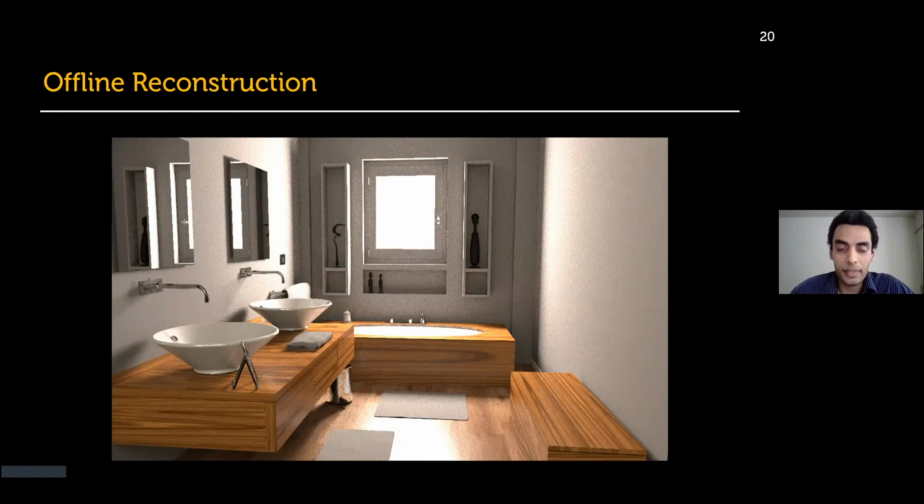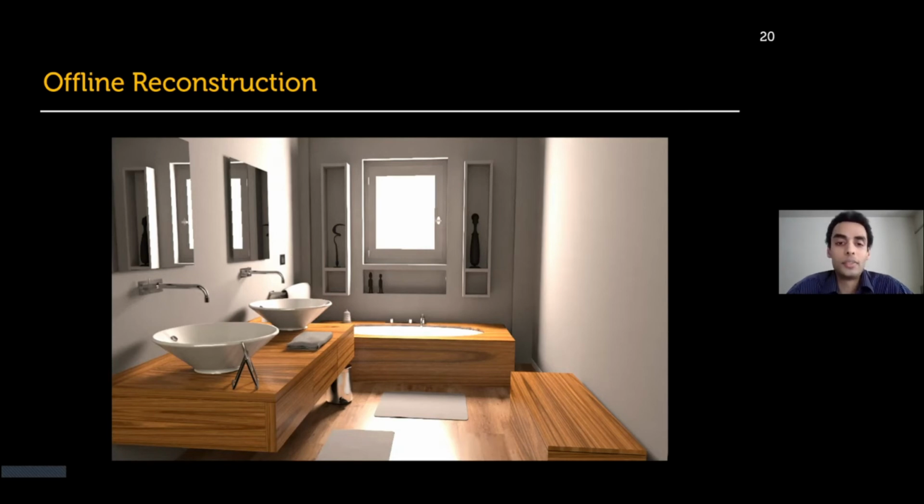I'll switch the slides. This is the denoised result, and this is the input path traced image. Notice even at 256 samples per pixel, there is noise across the walls and near the faucet. And this is the denoised result, which is able to remove them.